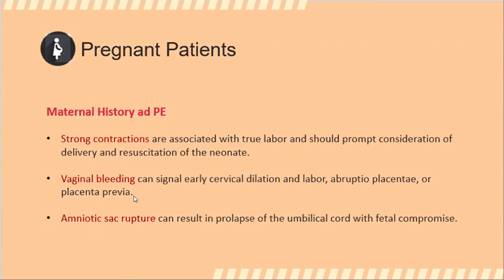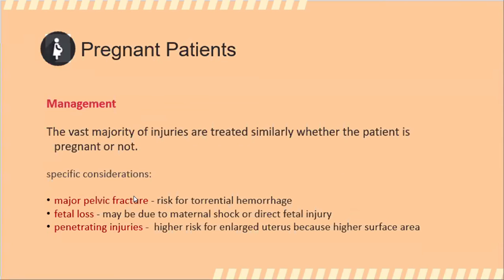So yun, we must ask if may strong contractions, kasi baka true labor na. We must ask for vaginal bleeding, baka kasi nag-abruptio placenta or placenta previa. Or we must ask if the patient already had or experienced ruptured amniotic sac.